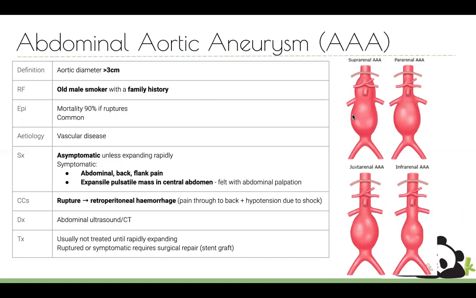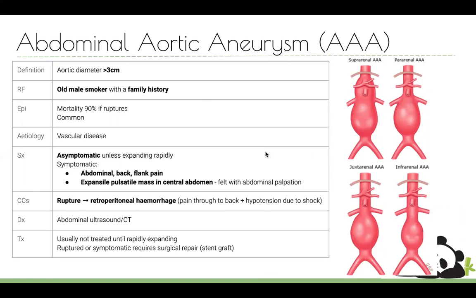So they're usually asymptomatic unless it's expanding rapidly and then it'll give you abdominal and back and flank pain. And this back pain, remember, because it's retroperitoneal, is going to radiate all the way to the back.